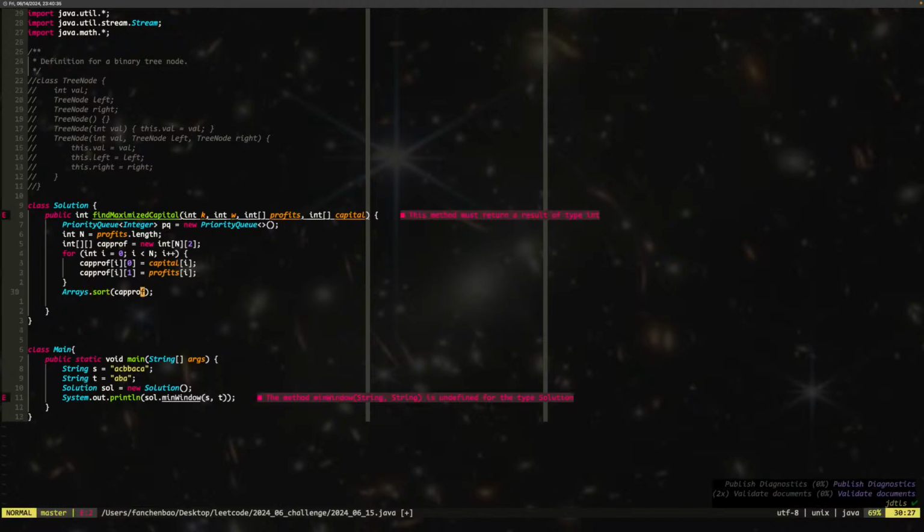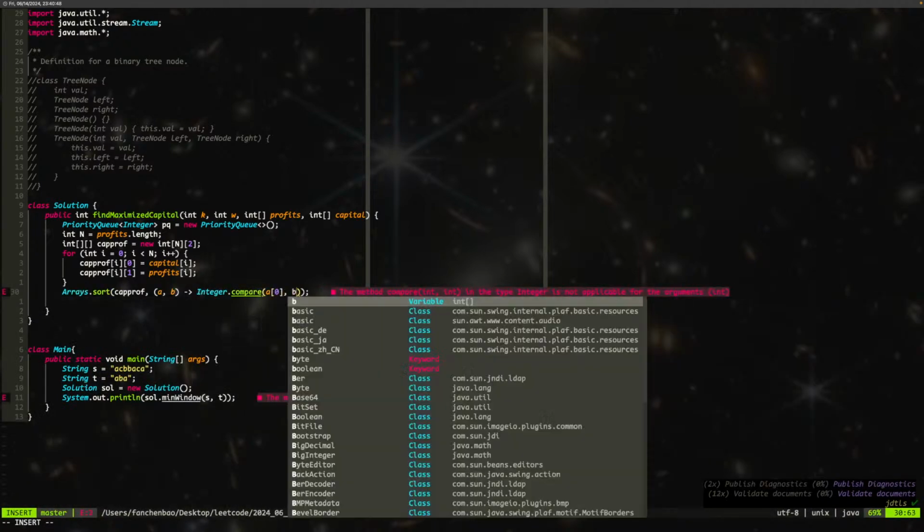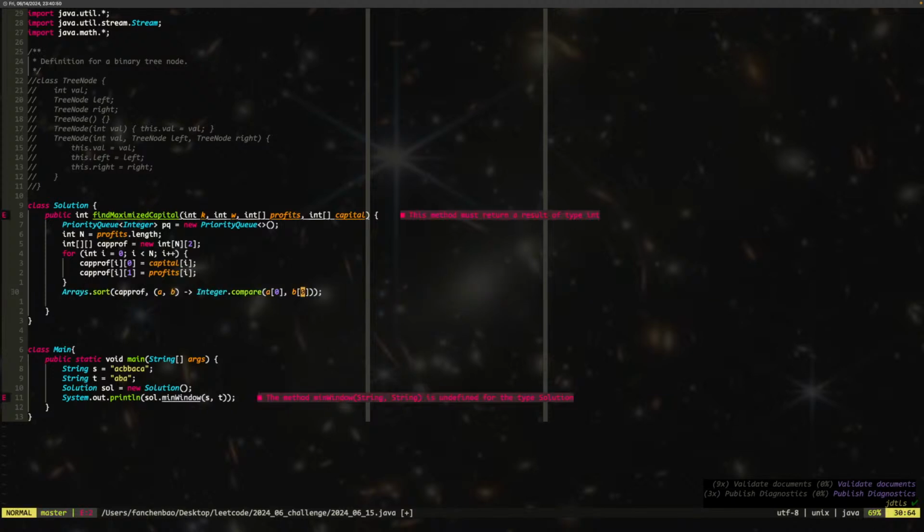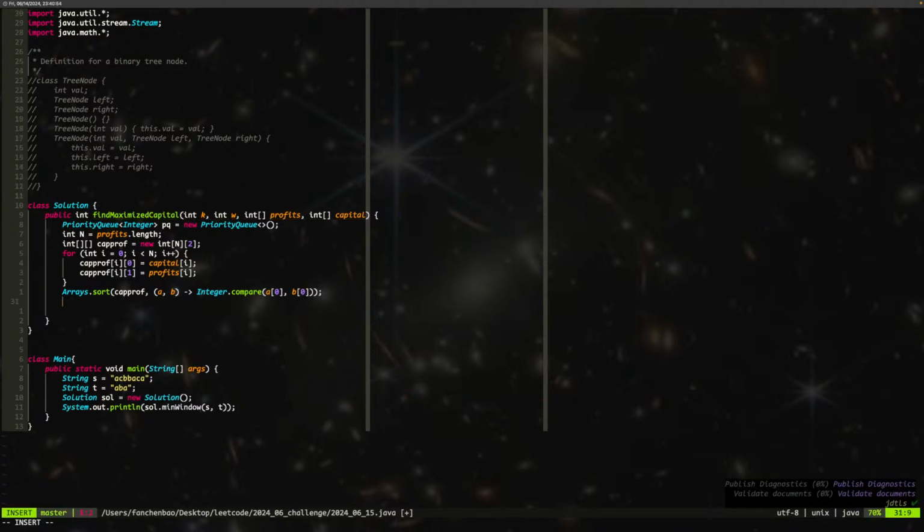So we need to do a comparator, right? Integer dot compare a0 b0. Okay, so now we sort, and after we sort, we'll go through them one by one.